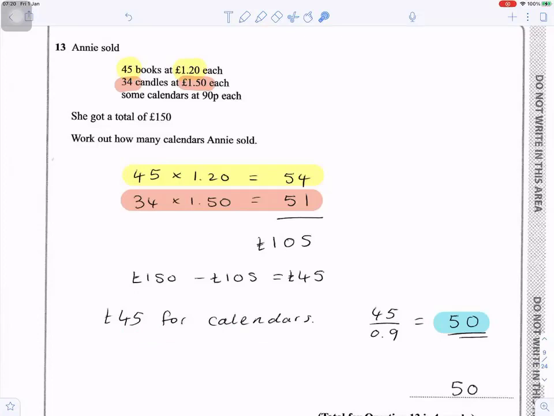We divide £45 by 90 pence, or 45 divided by 0.9, and it gives you 50. So the number of calendars Annie sold is 50.